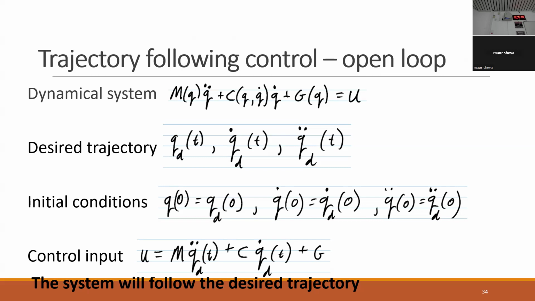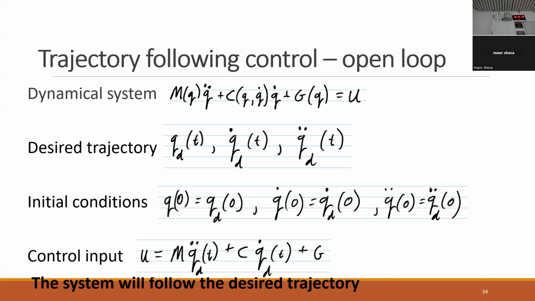But this is called open loop. I have no knowledge of the system. The input depends only on the desired trajectory. But for this, I need to know the matrices M, C, and G exactly.